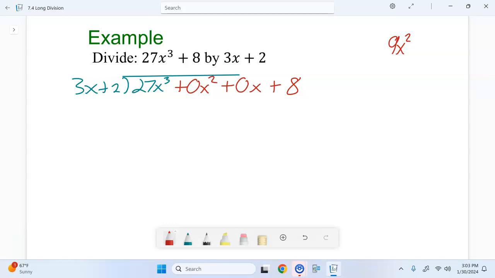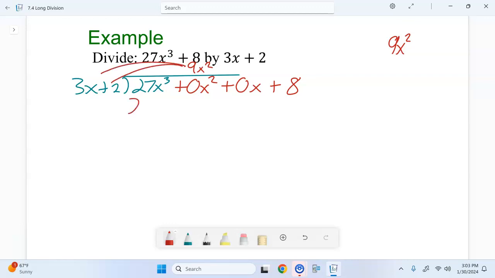So whenever you're doing your division, if you notice that you're missing some of your exponents between your highest to your lowest, put in placeholder zeros. 0x squared. It still equals 0. It didn't change anything. Plus 0 doesn't do anything. But it gives us something to subtract. So we can put the 9x squared here. We can multiply now. Here and here.